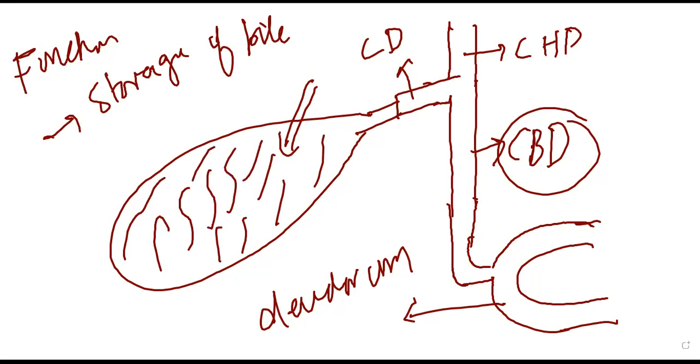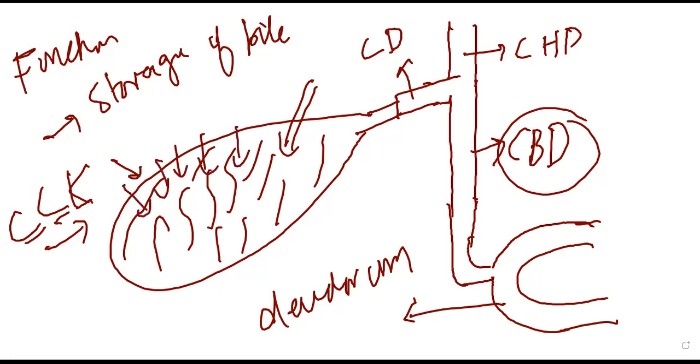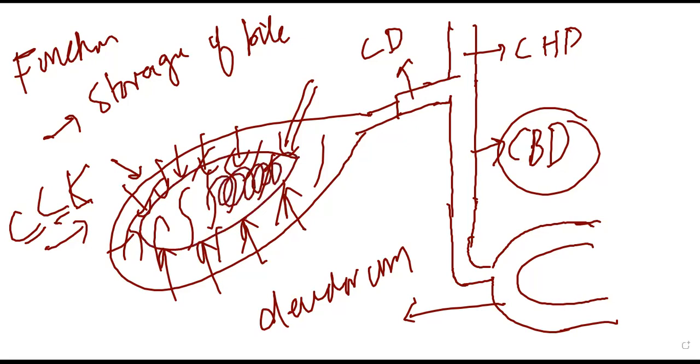And cholecystokinin, CCK, stimulates the gallbladder to contract and release the bile into the cystic duct. When the gallbladder is stimulated, it contracts, goes inward like this. During contraction, the gallbladder applies force on the bile which is present inside it.